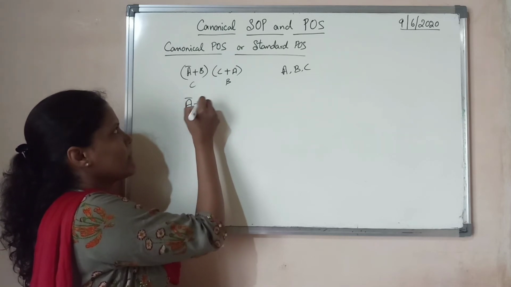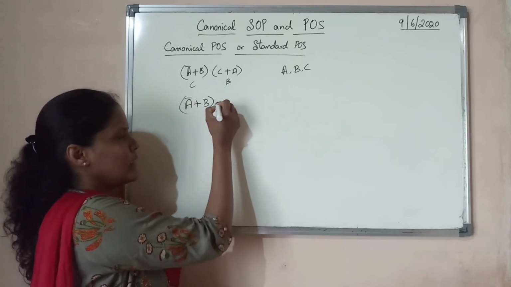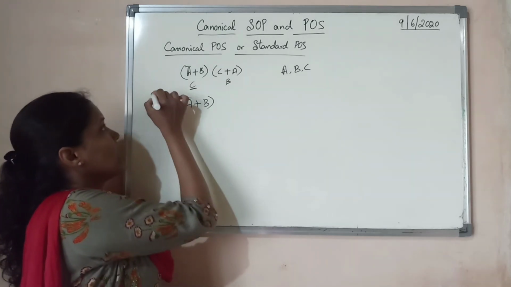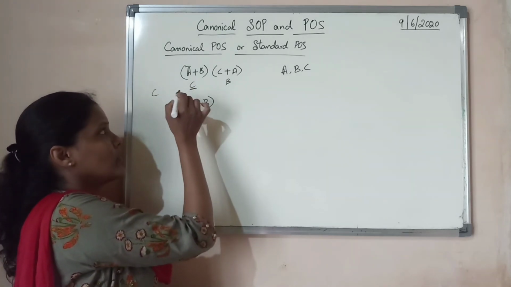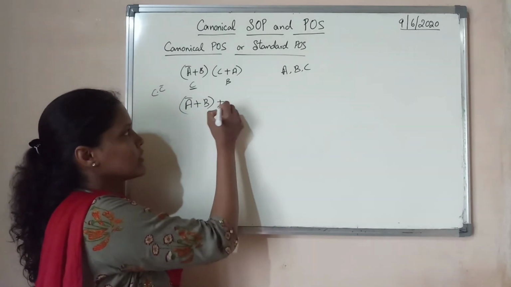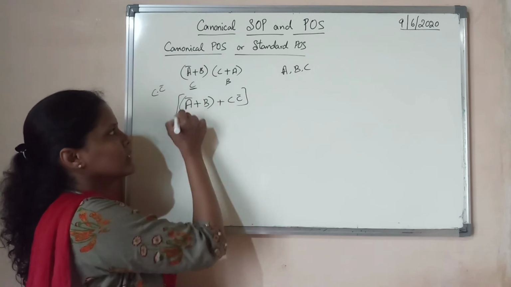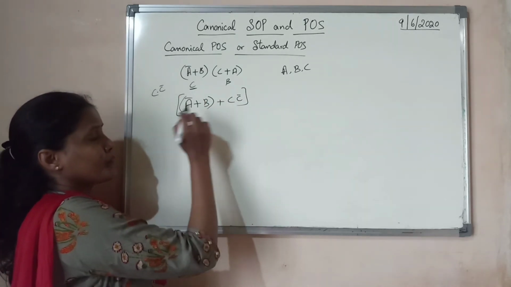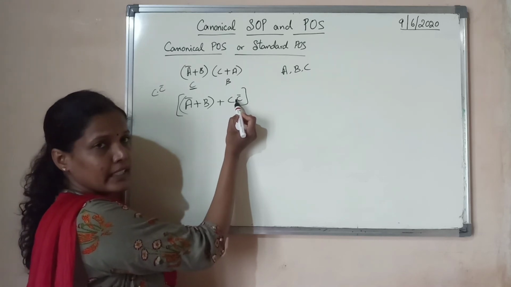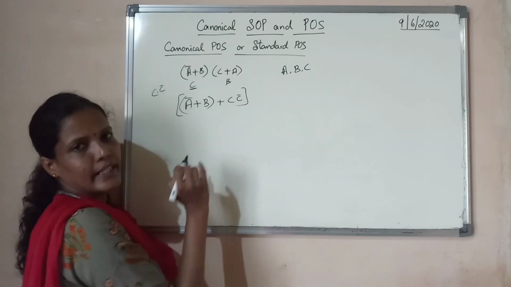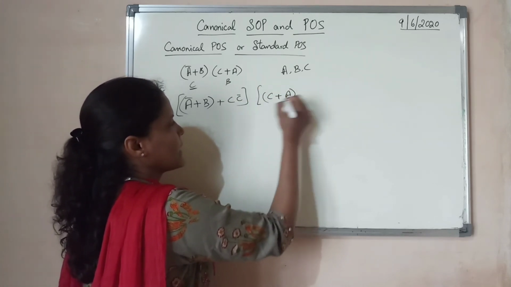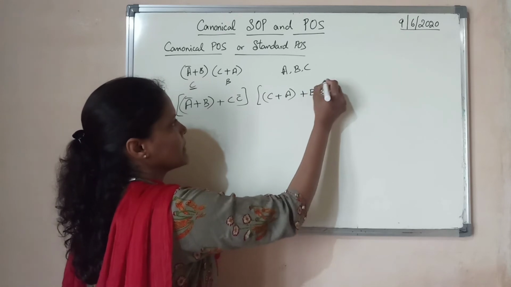So for A bar plus B, C is missing, so we add the term C and its complement, ANDed together, and OR it with this. This is the expression. Next, in the other term B is missing: C plus A plus B, B bar.